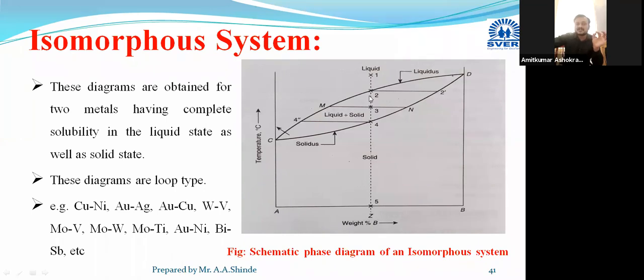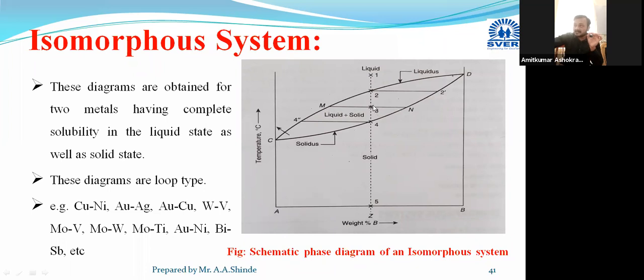Temperature will be mentioned in the numerical itself. Composition will be mentioned in the numerical itself. You just have to draw the horizontal line from the temperature and mark the points where it cuts the equilibrium diagram, and that will be your tie line or lever arm. From the composition point, draw a vertical line and mark the intersection point of that composition line with the tie line.